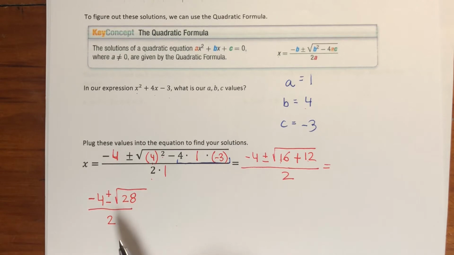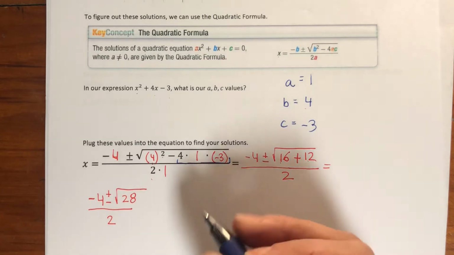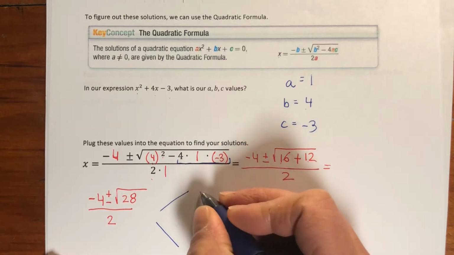When I say nicer form, I mean we want to apply what we did learn yesterday. So we want to take anything out of the radical that is possible, or in other words, we want to simplify the radical. So from here, I am going to have 2 options.